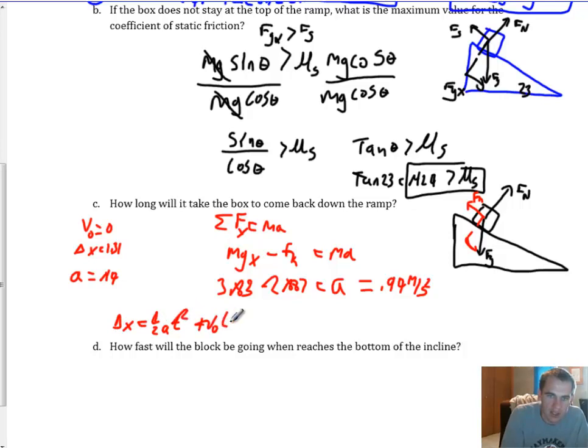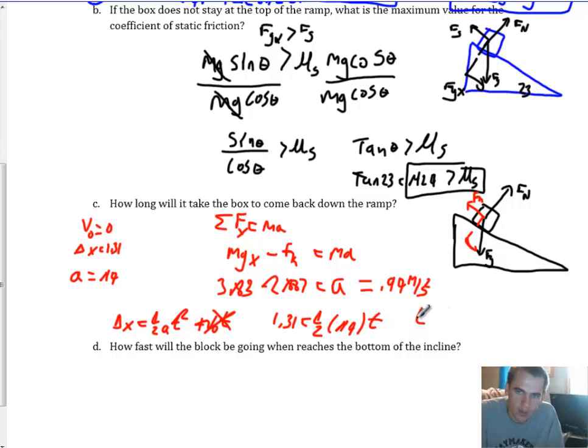Of course, the initial velocity is 0, so I don't have to worry about that. 1/2 at squared equals delta x, so I have 1.31 equals 1/2 times 0.94 times t squared. And if I do the division and get t, t is 1.67 seconds.